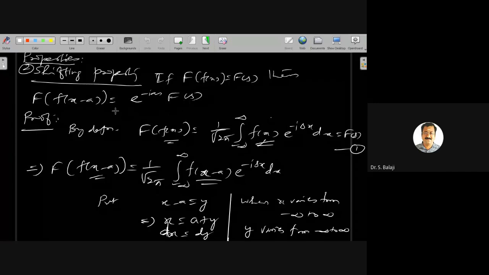The proof is very simple: just put x minus a equal to y. By definition, the Fourier transform of f of x is 1 by root of 2 pi, integral from minus infinity to infinity, f of x e power minus isx dx, and that is equal to F of s.